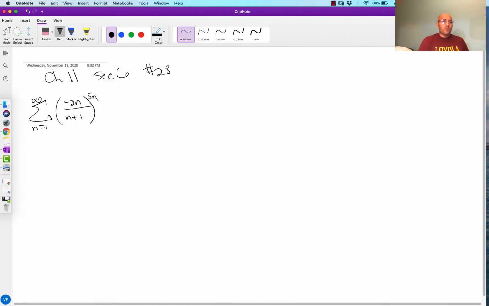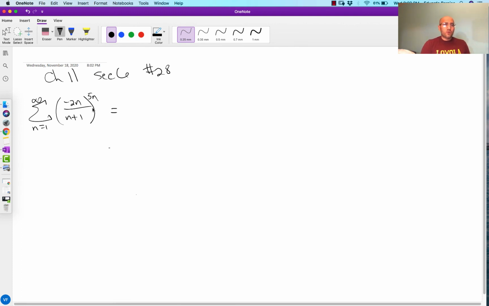Negative 2n divided by n plus 1, raised to the power of 5n, as n goes from 1 to infinity. Let's write out a couple of terms, just to get the series going to see what we're dealing with.